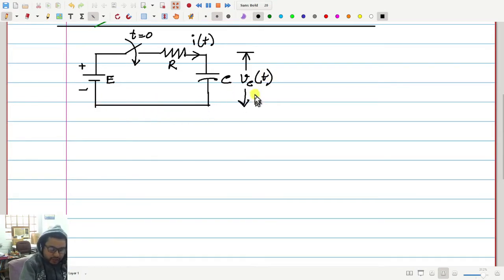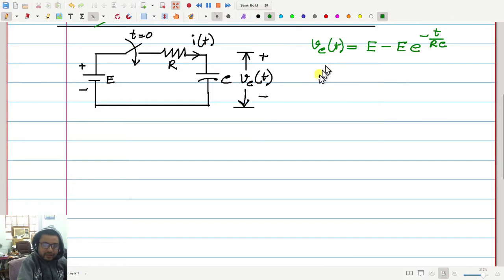So if you recall, this is plus, this is minus. What did we get? We got that Vc as a function of time will be equal to E times (1 minus e to the power minus t by RC).